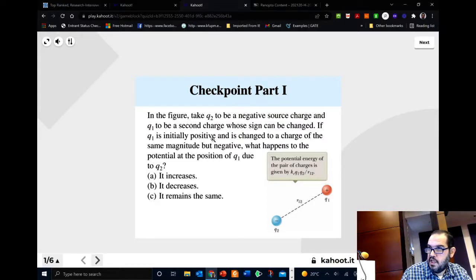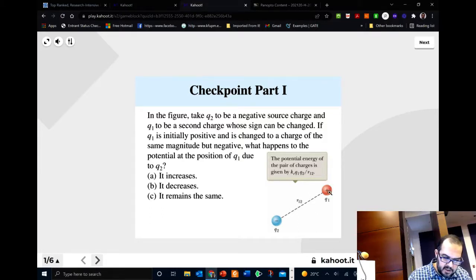If Q1 is initially positive and is changed to a charge of the same magnitude but negative, so Q1 is changed from a positive charge to a negative charge. What happens to the potential at the position of Q1 due to Q2?